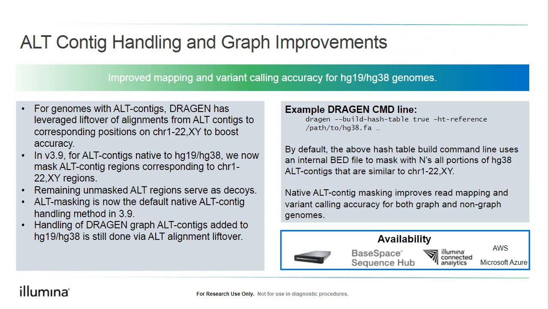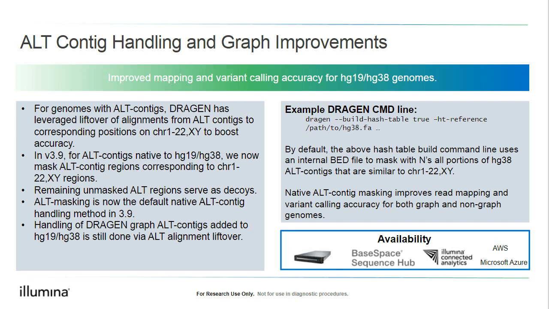The other improvement that we have done is how we handle the alternate contigs and the related graph-based improvements. For references with alternate contigs, in the past, we have leveraged the liftover of alignments from alternate contigs to those positions on the primary chromosomes.